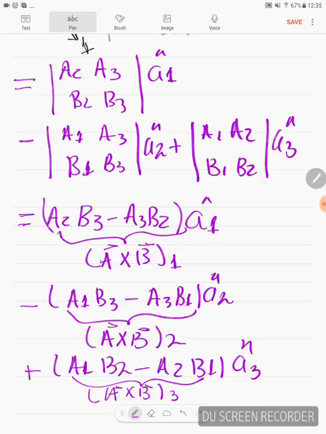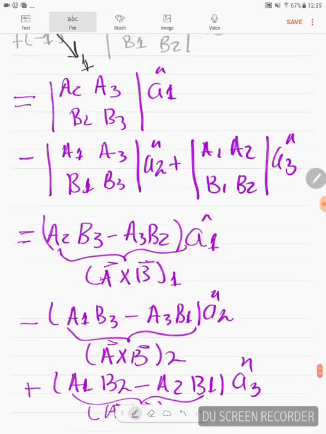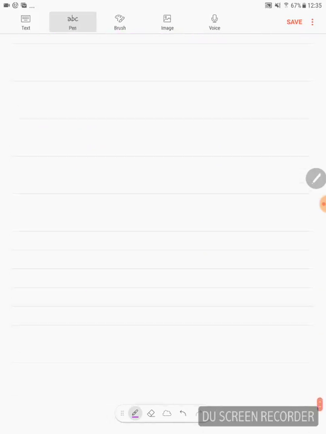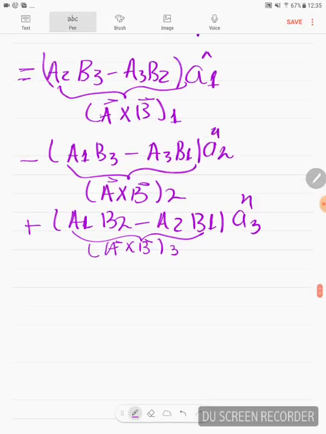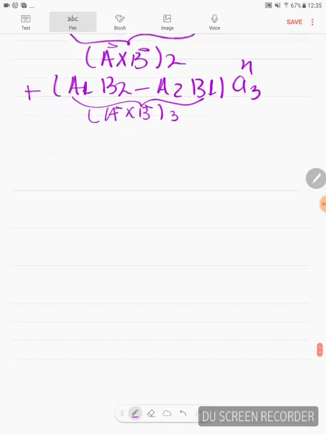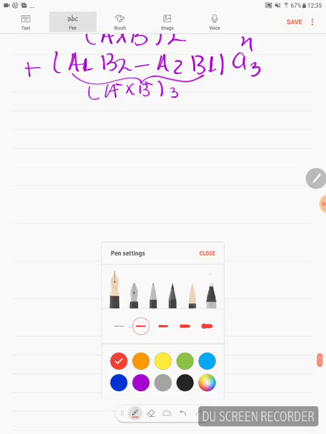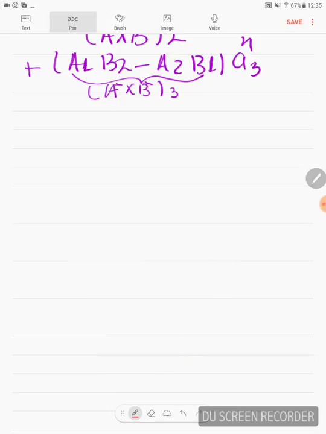So then now we know what the components of the cross product are. What we want to know, or at least what this derivation is about, is the following. We want to come up with an expression of this sort.